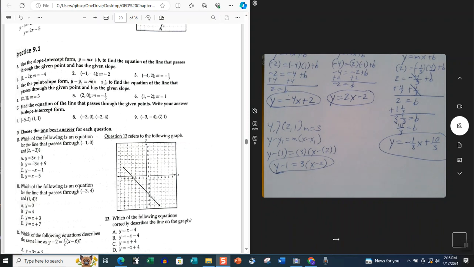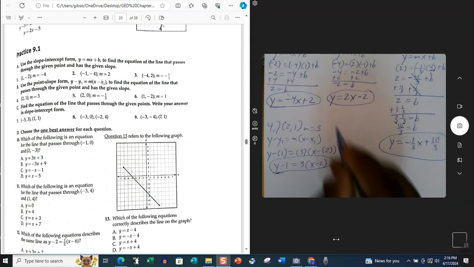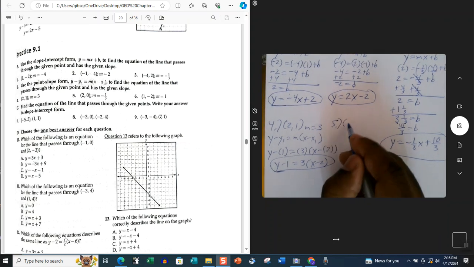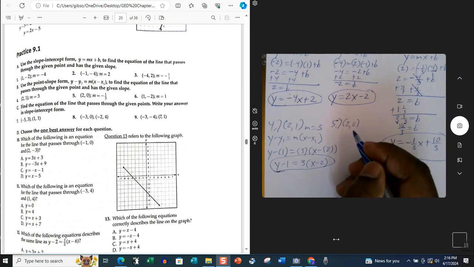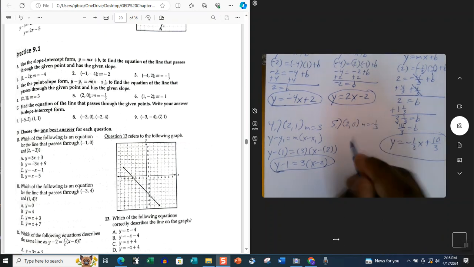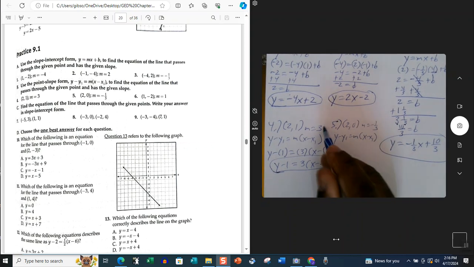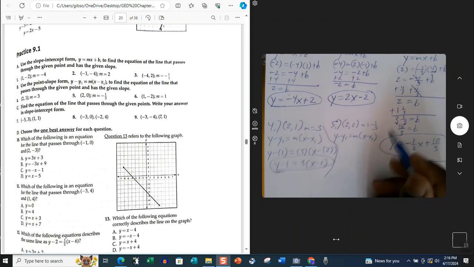Okay, next, problem number 5. Problem number 5, we have ordered pair (2, 0), and then we have a slope of negative 1/3. So we have y minus y sub 1 is equal to m, or the slope, times x minus x sub 1. Now we have to substitute.